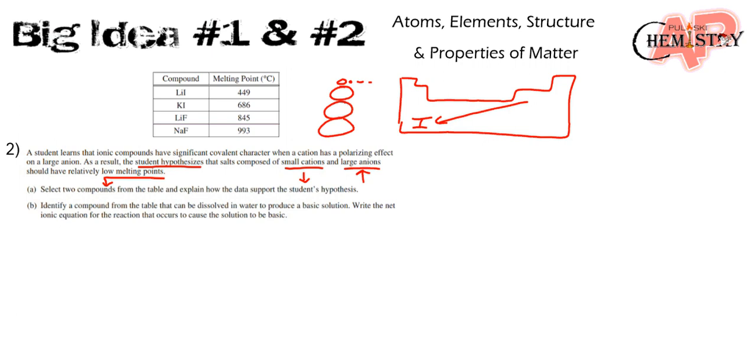So you just have to find any 2 to kind of talk about this, but not, well, sorry, I shouldn't say any 2. You need ones that have a small cation and a large anion have lower melting points versus something that doesn't have that. So you have a few different choices to do that with. But to me, if you notice, the first 2 have the same anion, by the way, it's the second one, iodine. And then the next 2 have the same anion.